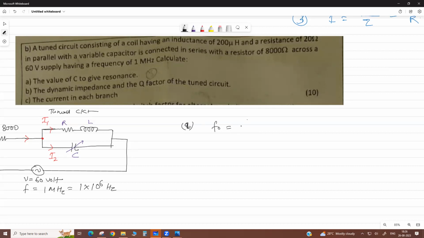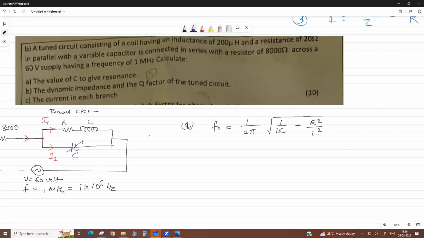It is 1 by 2 pi, then under root 1 by LC minus R square by L square. This is the formula for the parallel resonance circuit.